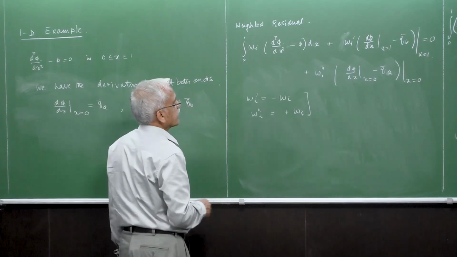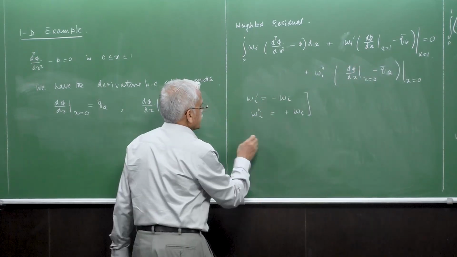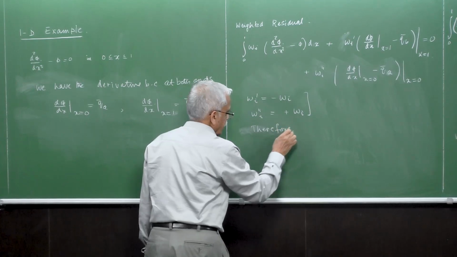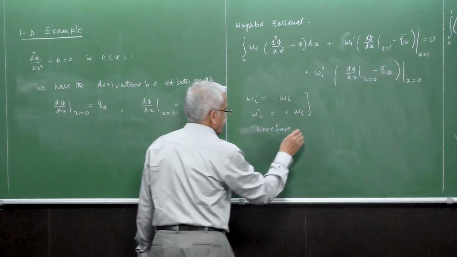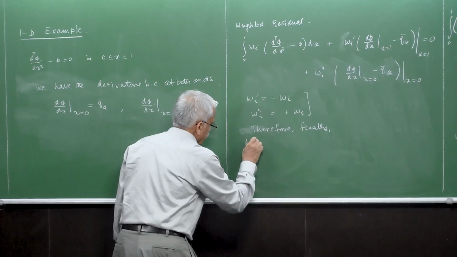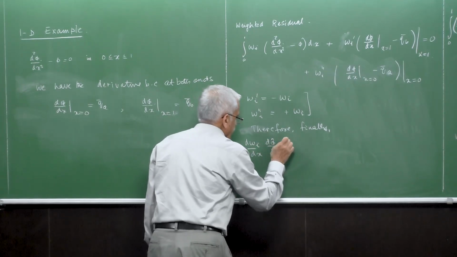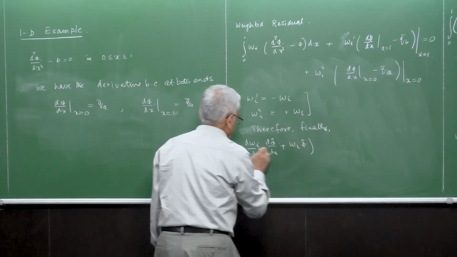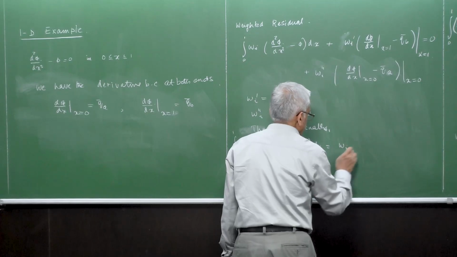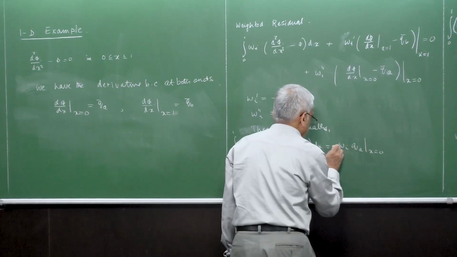Okay, so this is what it looks like, and so this can be cancelled, this can be cancelled, and so the equation, therefore, what we have here finally, what we get is that dw_i over dx d phi hat by dx plus w_i, so this is w_i q_a at x is equal to 0 minus.